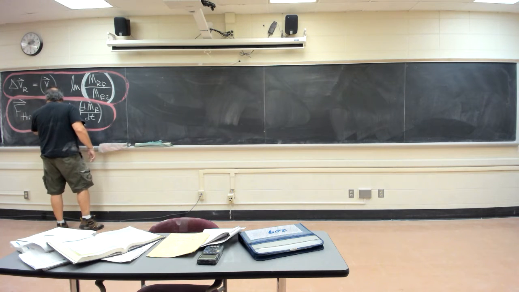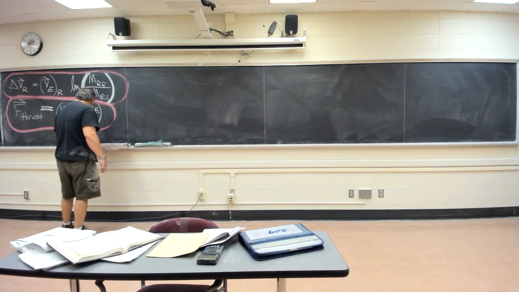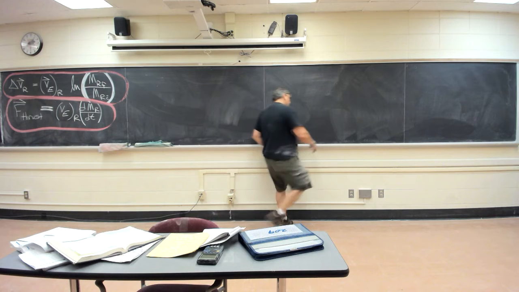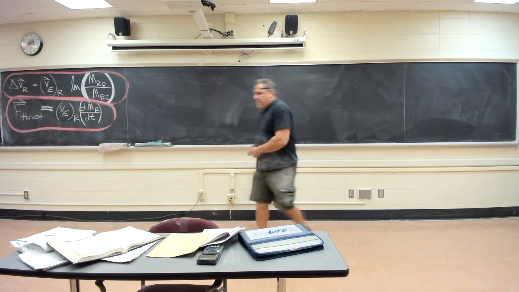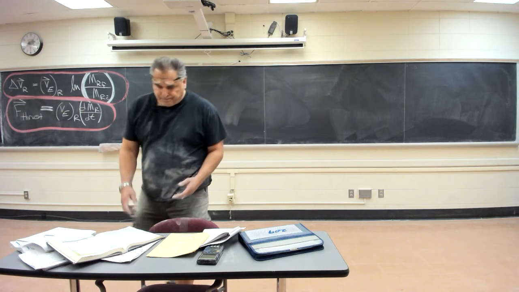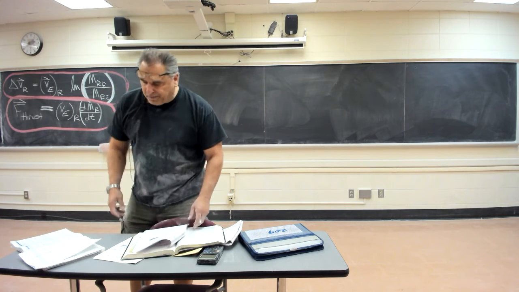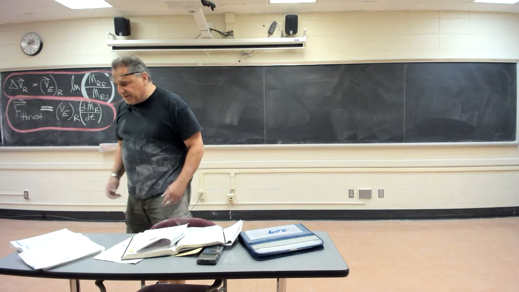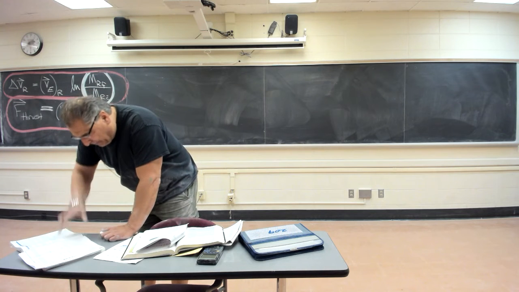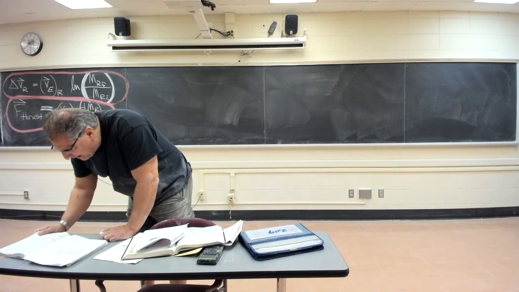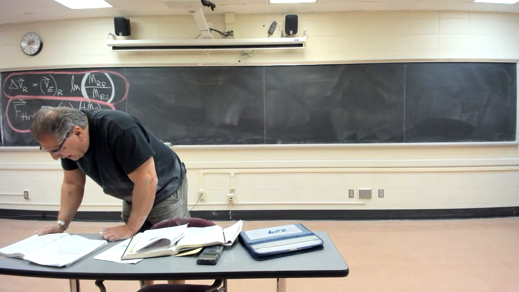Now, the Serway book, non-calc version of some of this discussion, gives a pretty good look at some of this stuff, and you can kind of paraphrase it a little bit when you're talking about it.